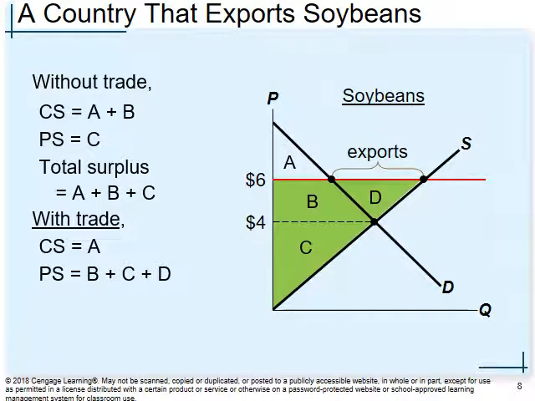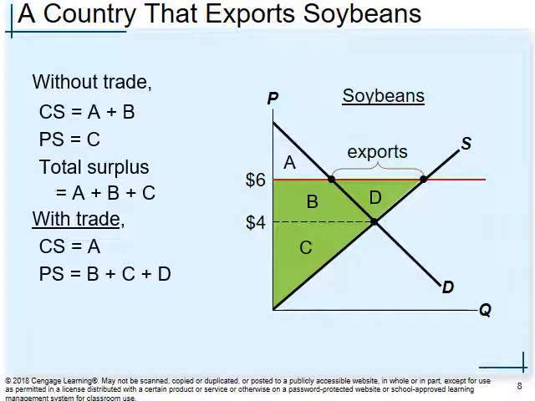On the other hand, the producer surplus is the area B, C, and D. So as we said in the definition of producer surplus, it's the area above the supply curve and below the price level. So now the price is 6, and if you see, the whole green area is basically above the supply line and below the price.